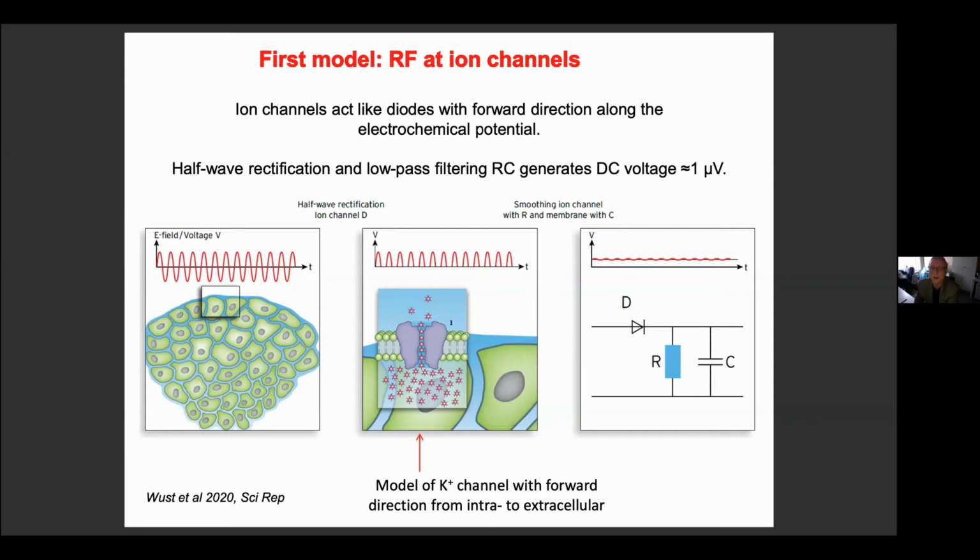And so finally, a DC voltage in the range of 1 microvolt is generated along the channel in the forward direction of the channel.